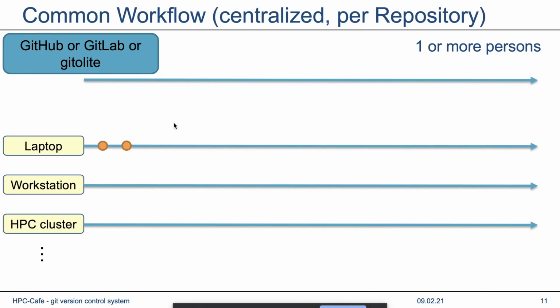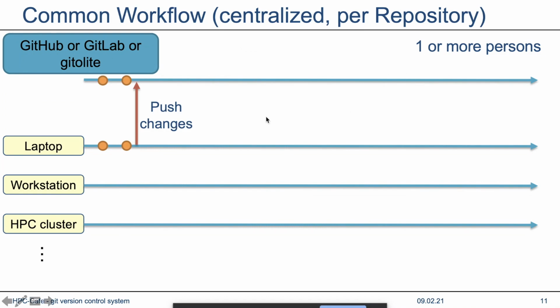If you're alone and disciplined, you can do this in a way that no conflict happens, by always syncing the state with the central repository, so with the central server, before you start working on another machine. So what you do now is push the changes to the server. Now those revisions are also available on the server.